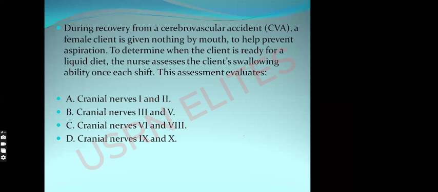Your vagus nerve innervates around your chest, your sternocleidomastoid, that muscle up around your neck and around your jaw. So the answer is likely to be D, the vagus nerve and the glossopharyngeal.